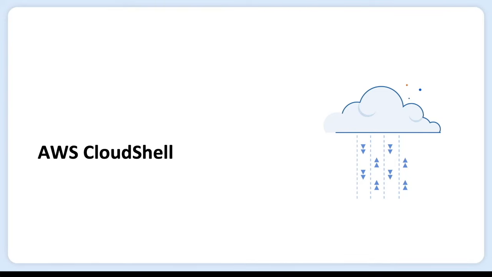Then you can access AWS resources. Another way is using AWS SDK, that is software development kit, that we basically use with our application code. So AWS SDK gives us access to AWS resources programmatically. So this is what we have covered so far.